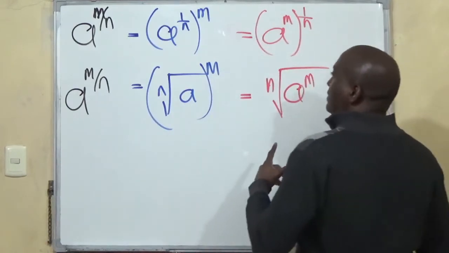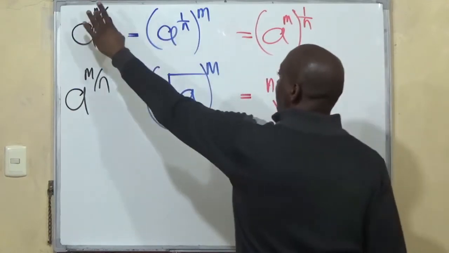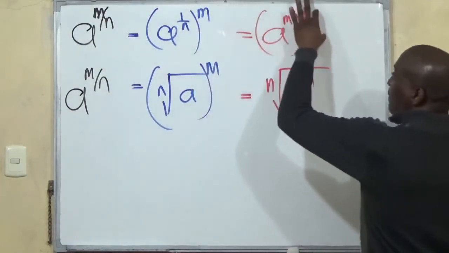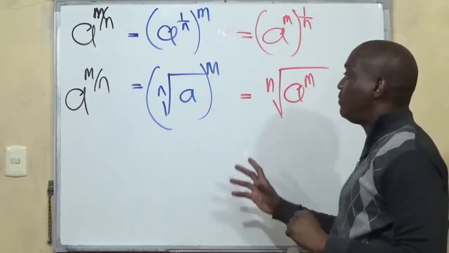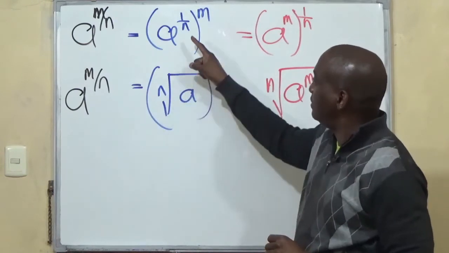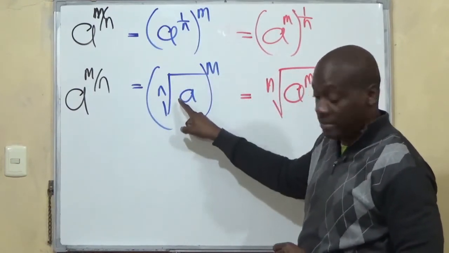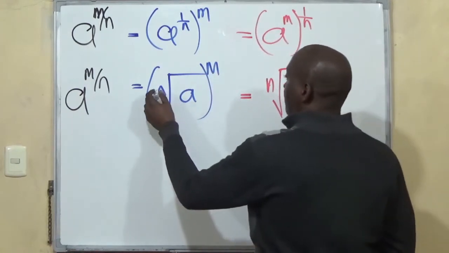So what I tend to do is, if we are not sure, remember the multiplication. m over n is either 1 over n by m or m by 1 over n. Once you remember that, that will then give rise to your a to the power of 1 over n is the nth root of a, and that is multiplied by the m. You still have the m on the outside.